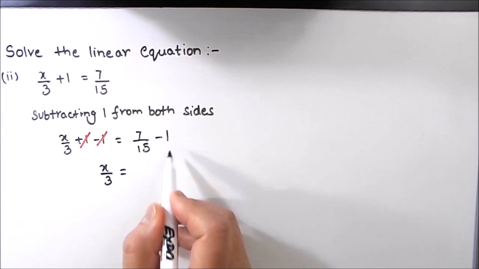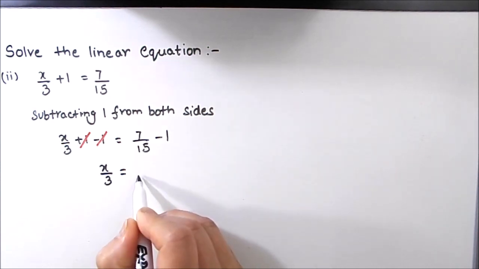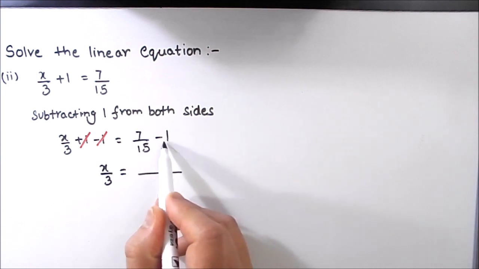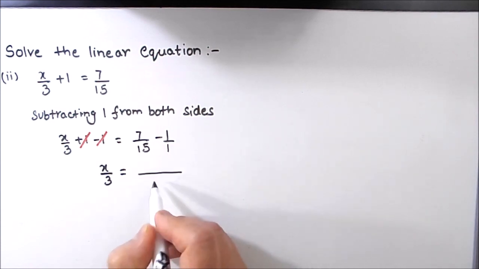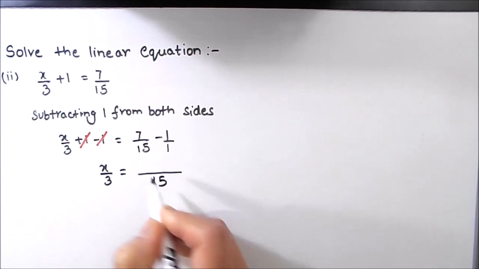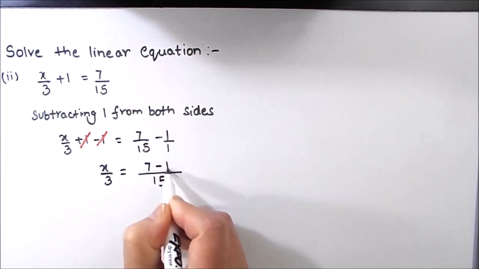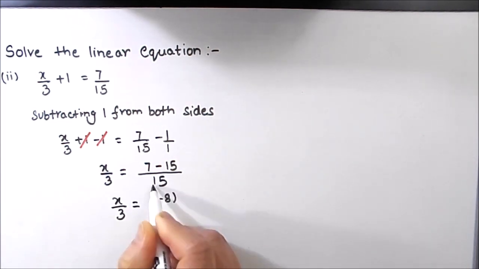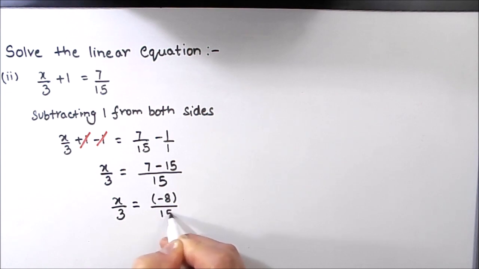We'll solve this by taking the LCM of the two fractions. 7 by 15 minus 1, where 1 can be written as 1 by 1, so the LCM will be 15. So this will become 7 minus 15 divided by 15. So now x by 3 is equal to negative 8 divided by 15.